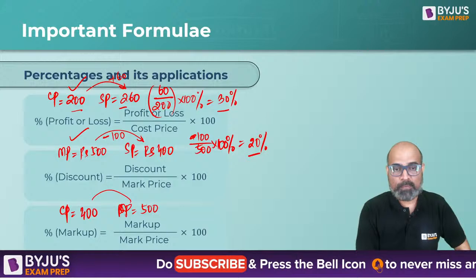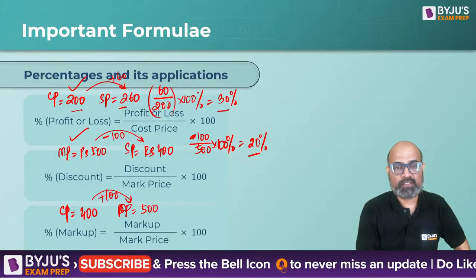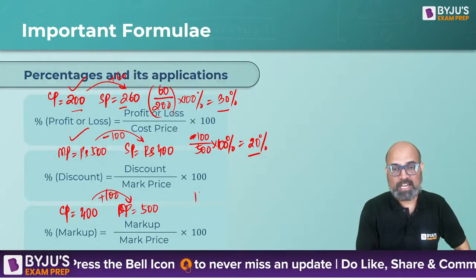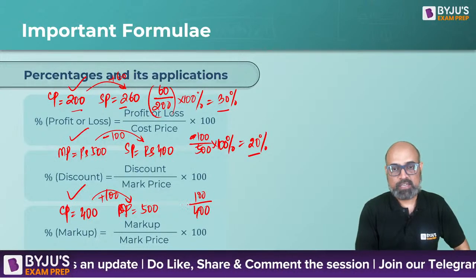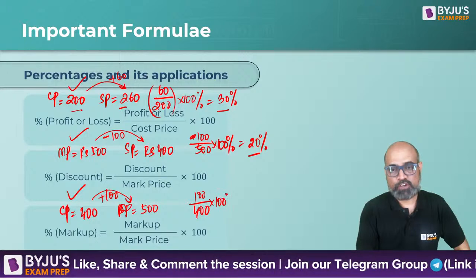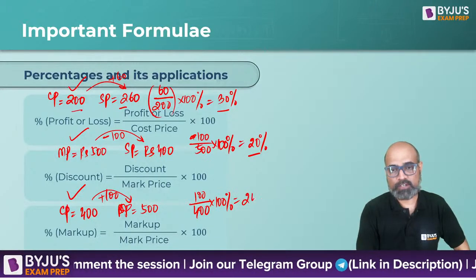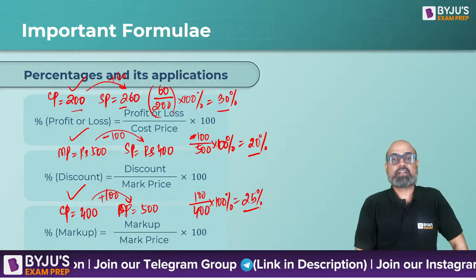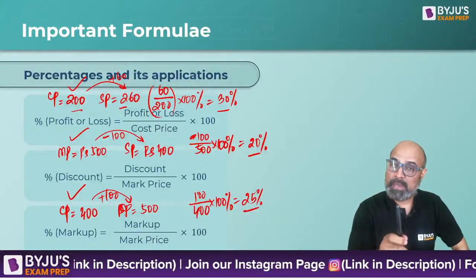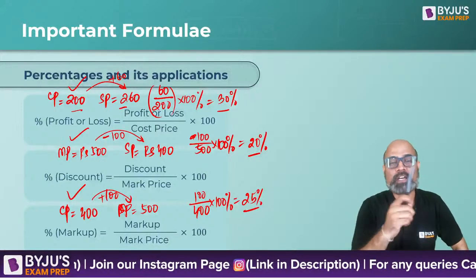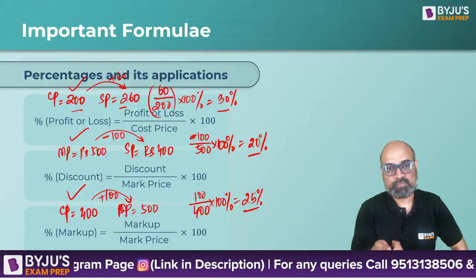So what is the markup over here? The markup is that of 100. So you will write down that number 100 divided by cost price, which is 400, and you will use the formula, and this is going to result in a 25% if you solve it. So remember that the denominator, or which is also known as base, is always either cost price or mark price. Okay.